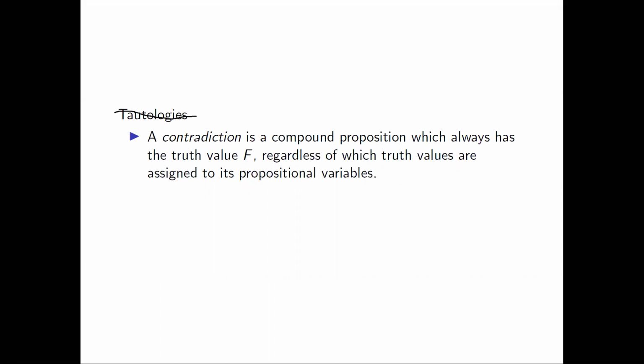In other words, regardless of which truth values we assign to the propositional variables, we always get false in a contradiction. So like we did with tautologies, we're going to look at some examples of compound propositions, and we're going to do their truth tables to determine whether or not they are contradictions.